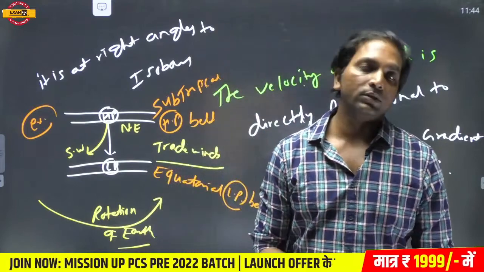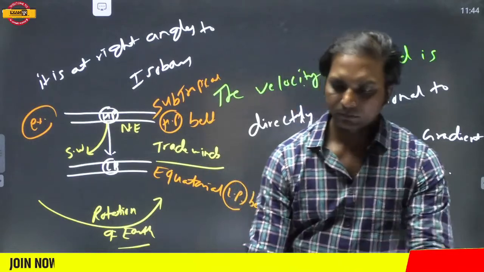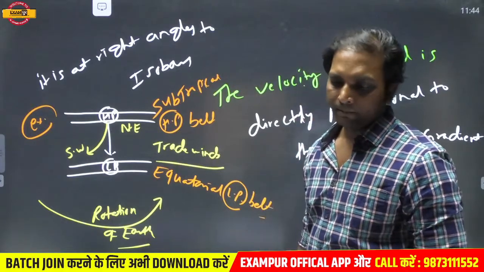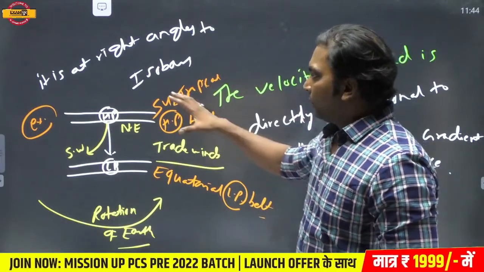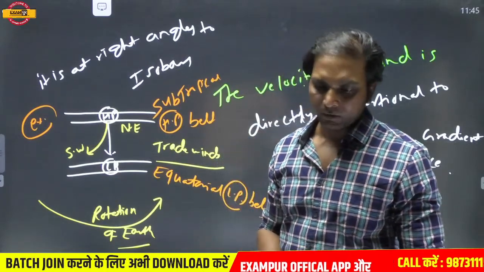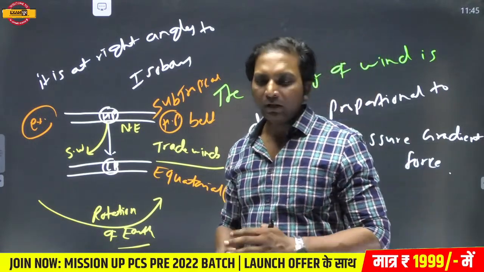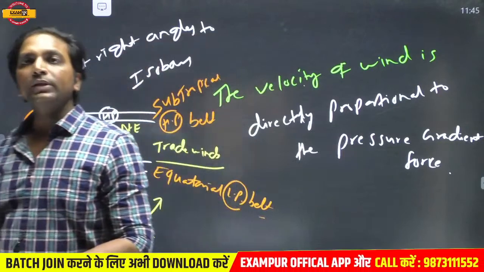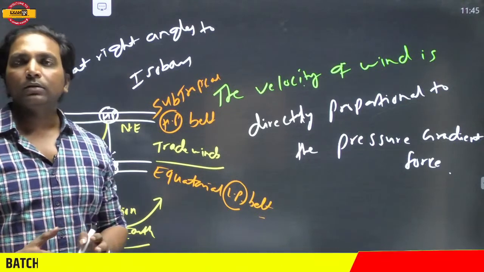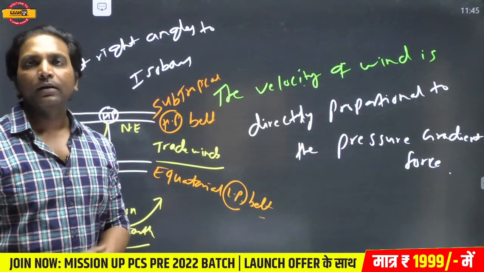Getting the point or not? And in the southern hemisphere, southeast to northwest. So here we have seen how the permanent winds blow above the Earth's surface, and how they constantly blow throughout the year.